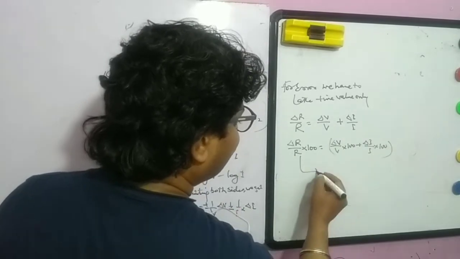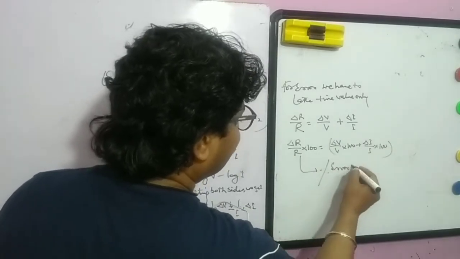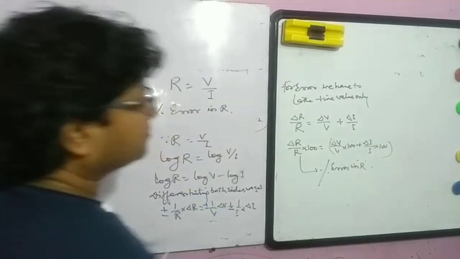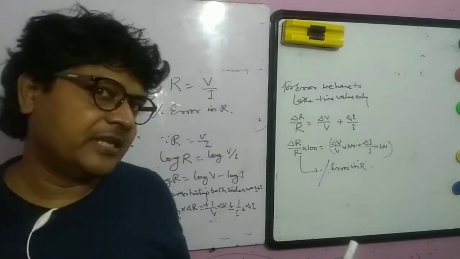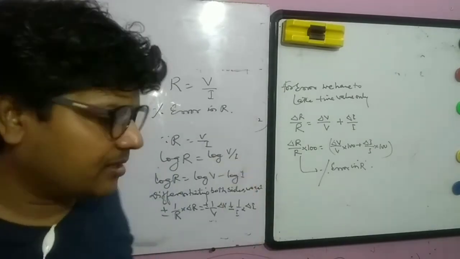This is called the percentage error in R. That's it, so simple.